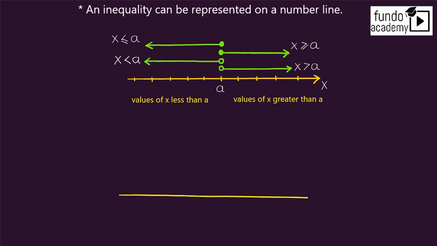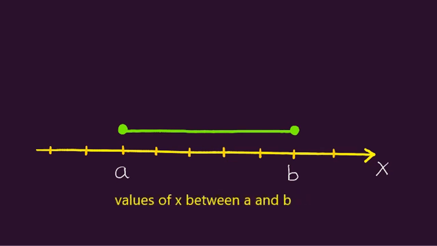Next, we can have this situation where we have our number line, and on it we can have two values, A and B. Now we can have values that are between A and B. These are values of X that are between A and B. The numbers, all the numbers covered by the green line from A to B. So this is an inequality that is written in this form.